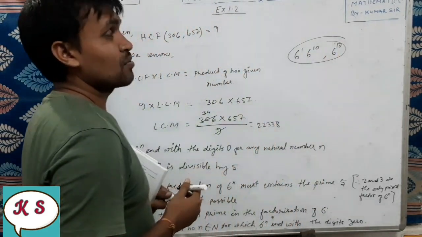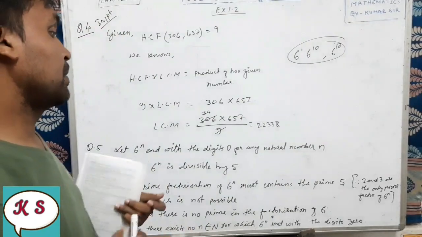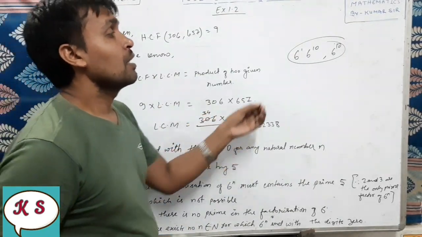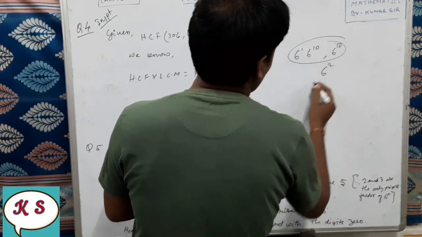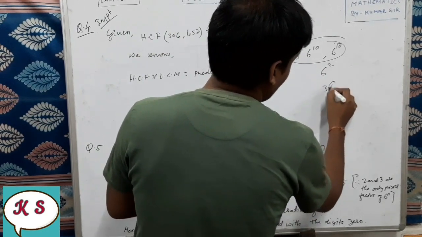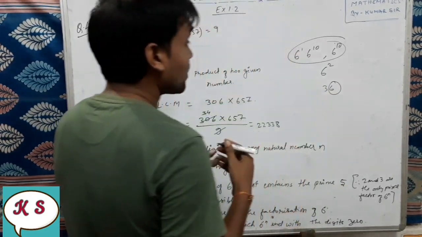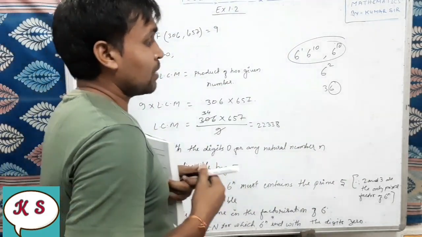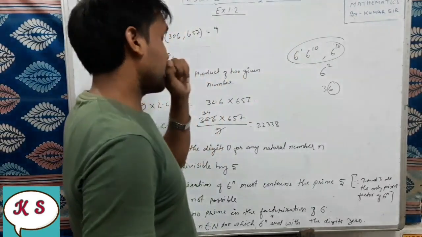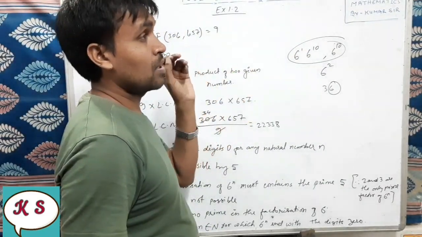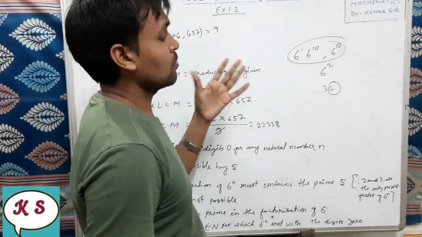Suppose we put 6 to the power 2, then what do we get? 36. What is the end digit? 6. So we have to check whether it is possible, for any natural number, from 1 to 100,000 millions, whatever you want to put.